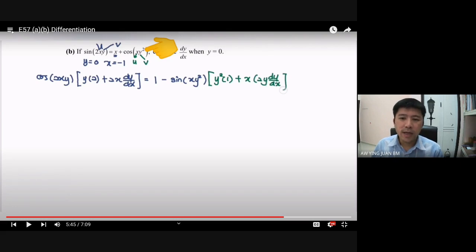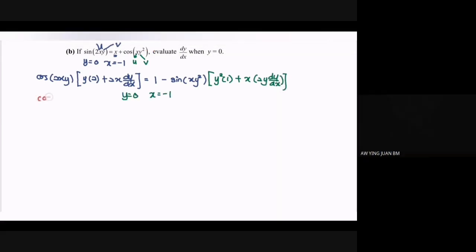Seterusnya nak buat apa? Kita tengok soalan nak kita cari dy dx. When y equals to 0, x equals to negative 1. Cos 0 multiply with 2 bracket with 0 plus 2 multiply with negative 1, and then we have y prime equals to 1 minus sine bracket 0 multiply with 0 plus 0.